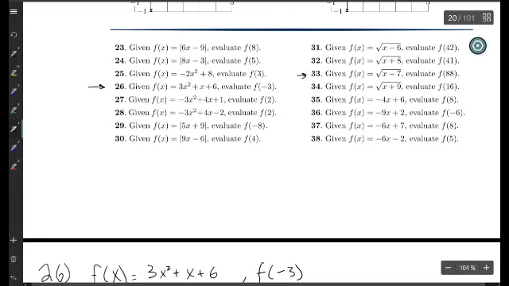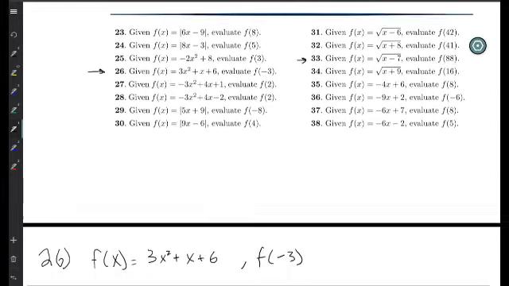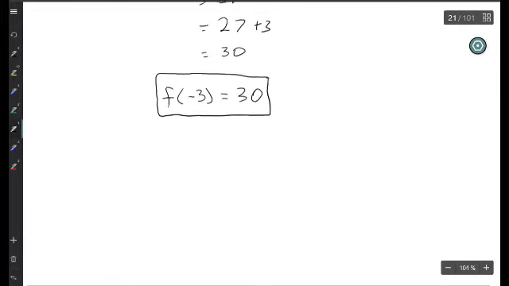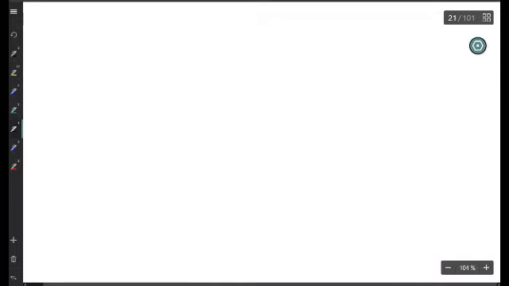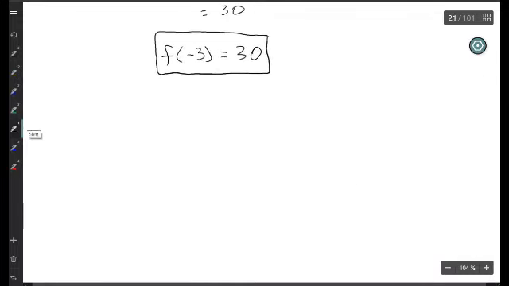About 33. F of x is square root of x minus 7. Evaluate f of 88. So f of x equals square root x minus 7.